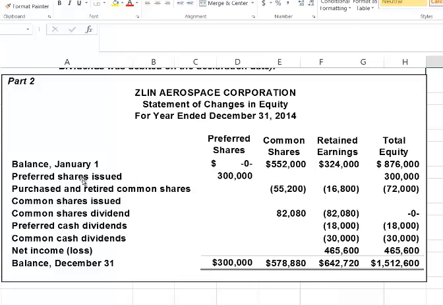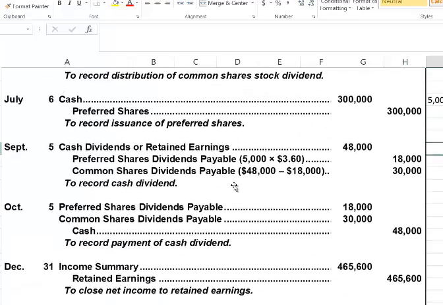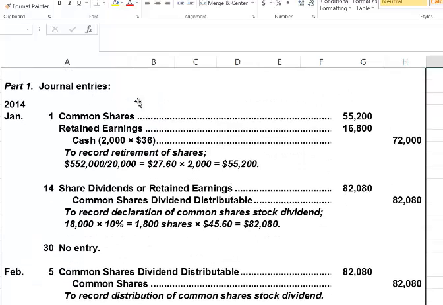Now, preferred shares, we do know that back on July the 6th, we issued preferred shares for $300,000. So that not only increases our preferred share account, but on the balance sheet it increases equity by $300,000. We also know that we retired common shares, and when we did that, you'll remember back in our first entry on January the 1st, we reduced our common share account, reduced our retained earnings, and these are both equity accounts.